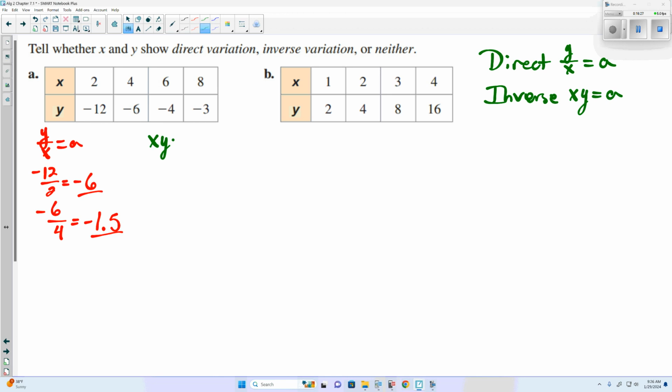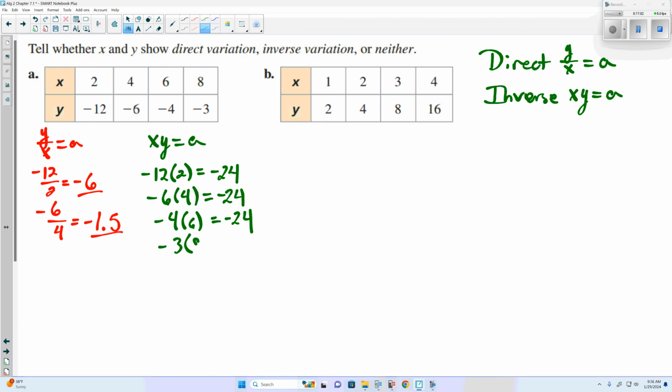Now the next one we can check is inverse. And inversely, if we multiply the x and y values together, we should get a constant amount. So the first one we can do is negative 12 times 2. Negative 24. Then we do negative 6 times 4, which is negative 24. Then we can do negative 4 times 6, which is negative 24.